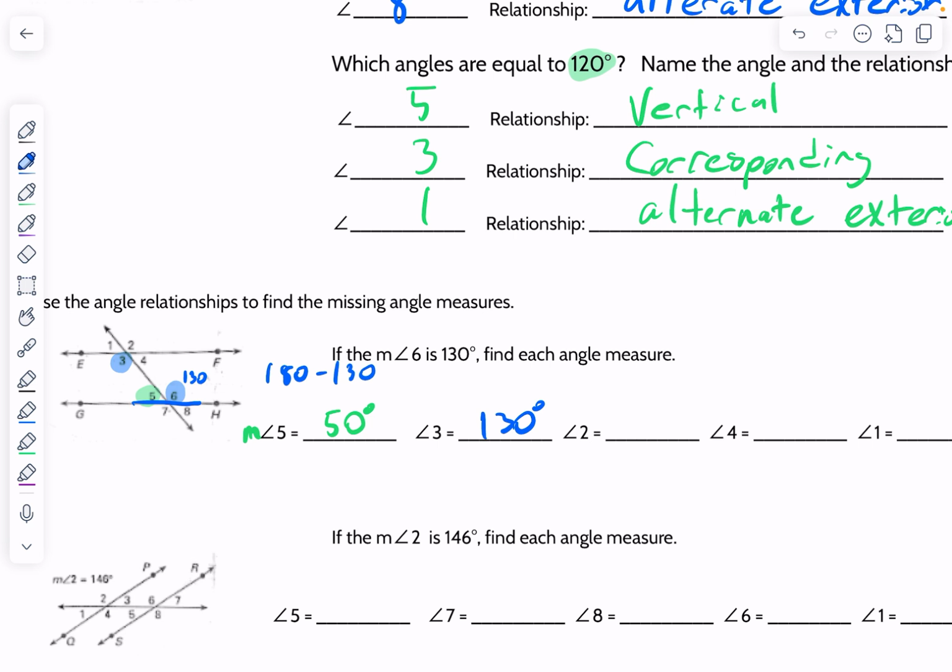Number 2, angle 2, if we go there, with respect to 130 degrees, it measures angle 6. Those are corresponding angles. So the corresponding angles are equivalent.